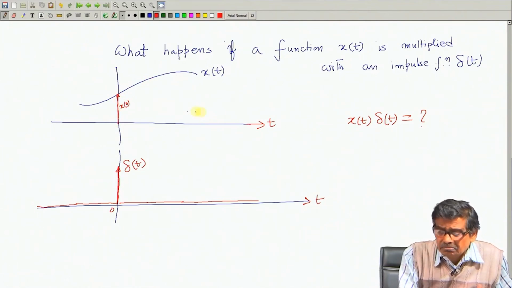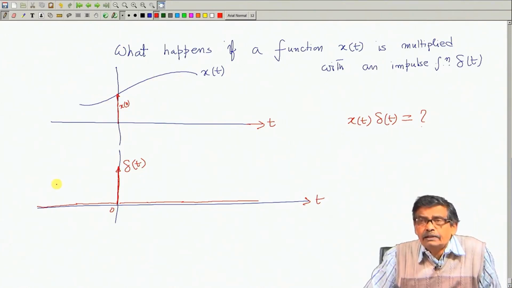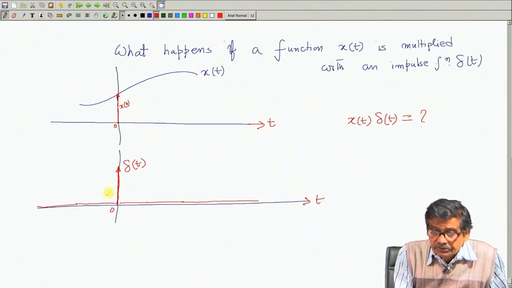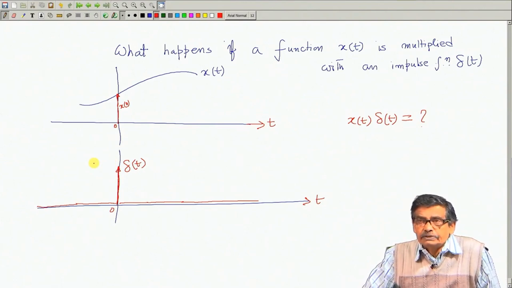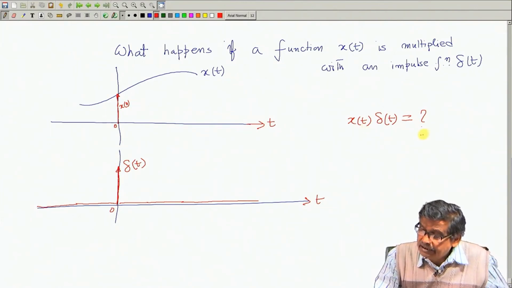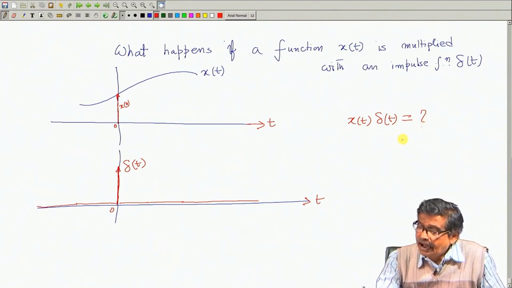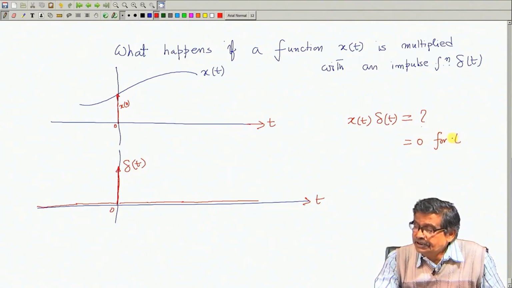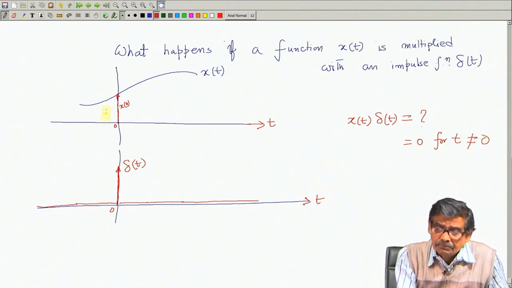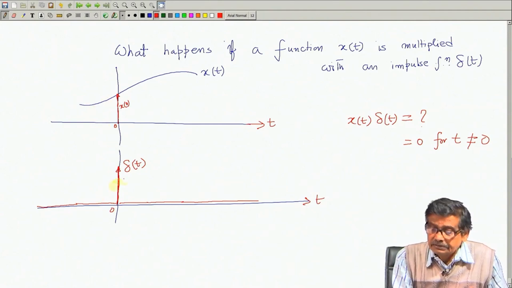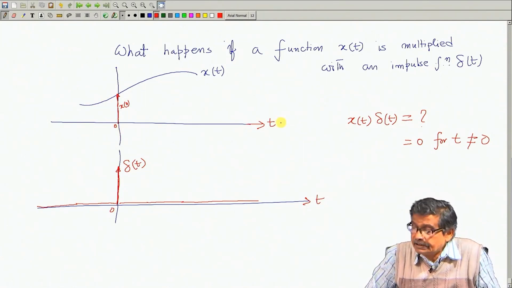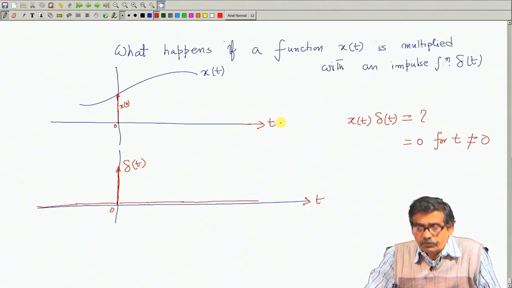For other values, it has no meaning because this function is multiplied by 0. So, only at t equal to 0 may it give you some value. So, x(t) into delta(t) is equal to 0 for t not equal to 0, that is certain, because you are multiplying with 0 for t less than 0 as well as for t greater than 0.